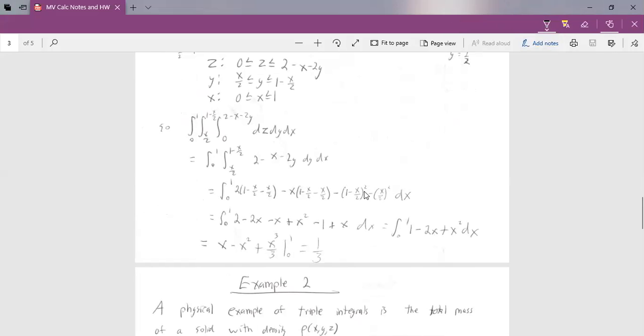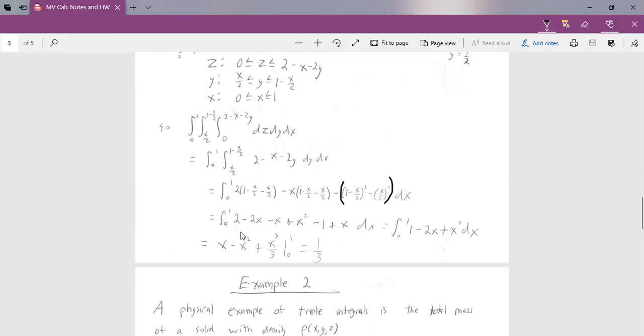I didn't show the parentheses. Those should be there. My apologies, but the calculations are correct.